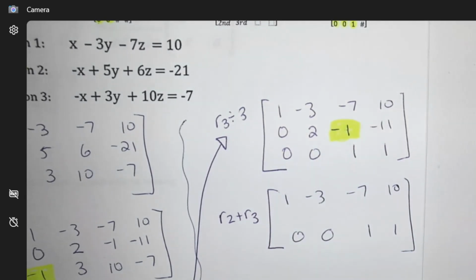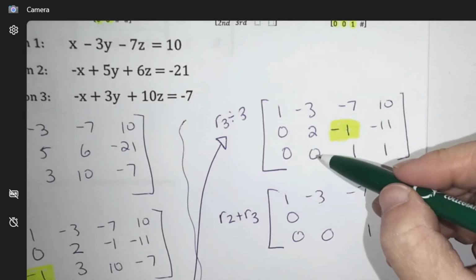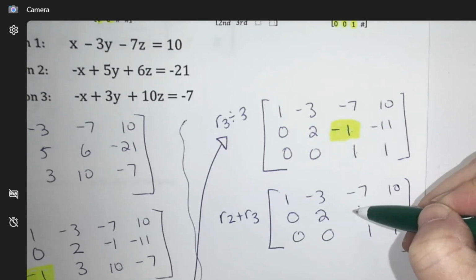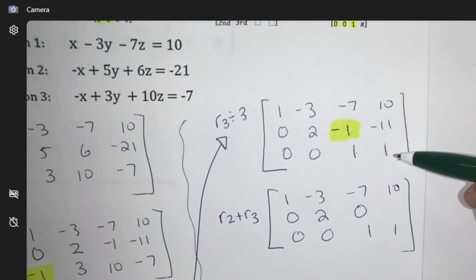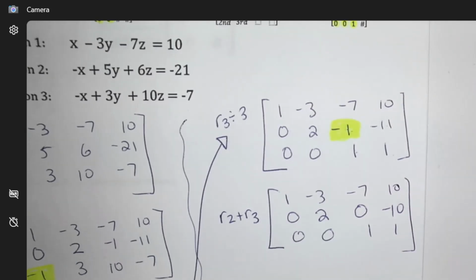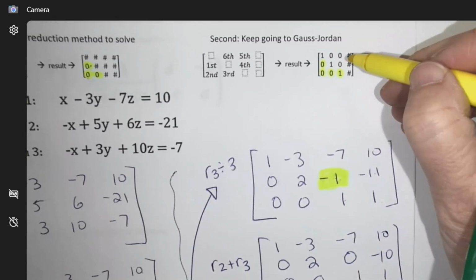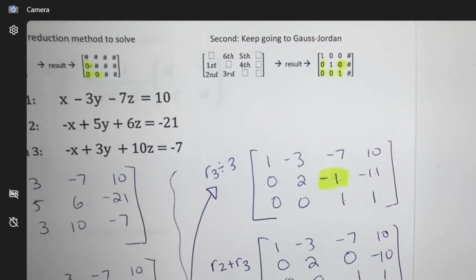Man, I'm giving you guys some easy ones here. Okay, so 0 plus 0. 2 plus 0. Negative 1 plus 1, 0. Negative 11 plus 1 is negative 10. Okay, so we did a 0, 0, 0, 1, 0. So what do we have to do next?